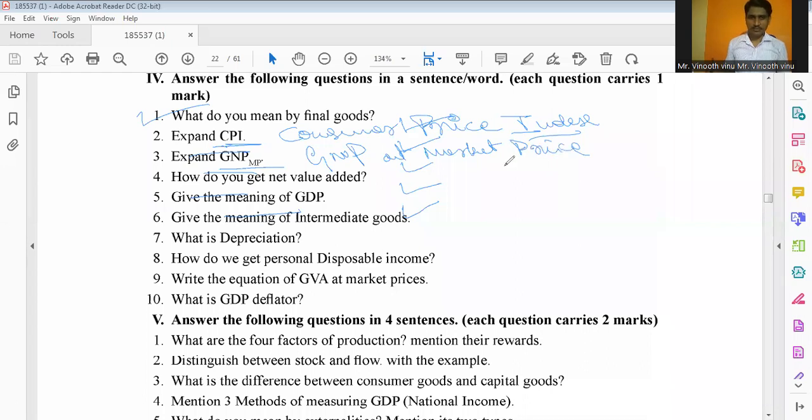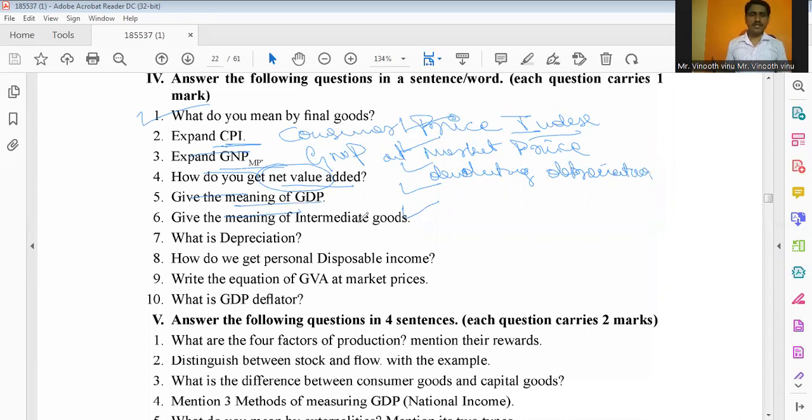How do you get net value added? By deducting depreciation, we get net value added.